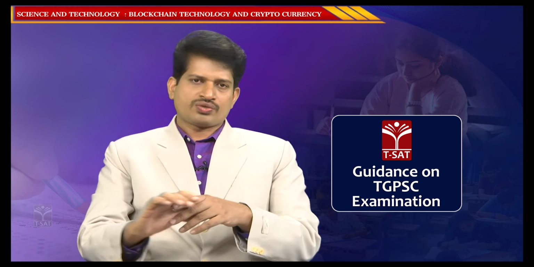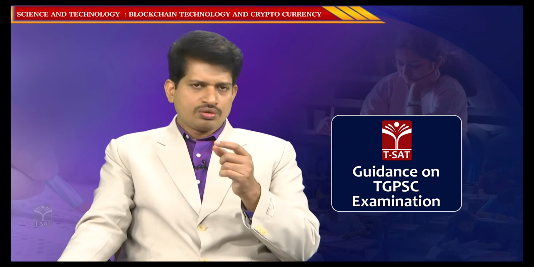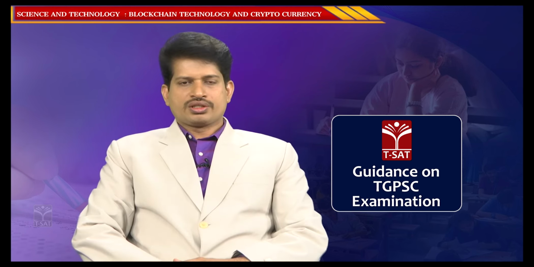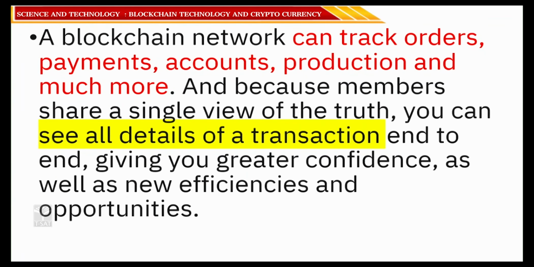That is the other advantage of blockchain, because you will be given a choice to make a passcode to enter into your account. The passcode here in this context is a block. The blockchain network can track orders, payments, accounts, production, and much more.